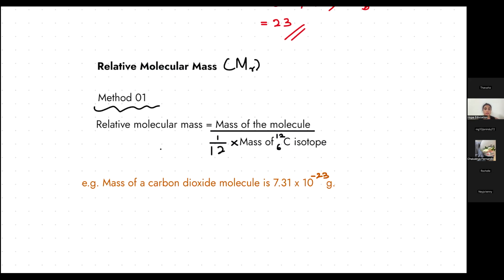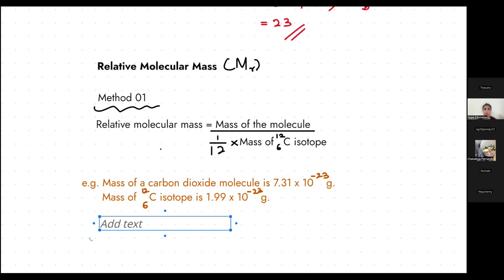Then mass of a carbon-12 isotope is 1.99 into 10 to the power minus 23 grams. Find the relative molecular mass of carbon dioxide, which is a molecule.